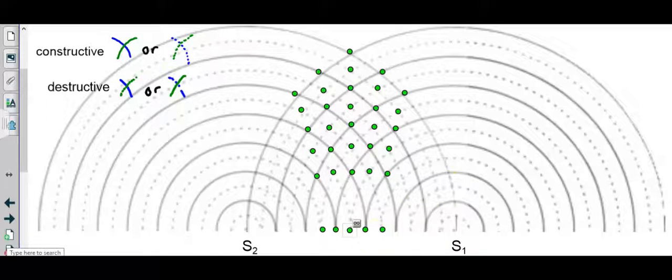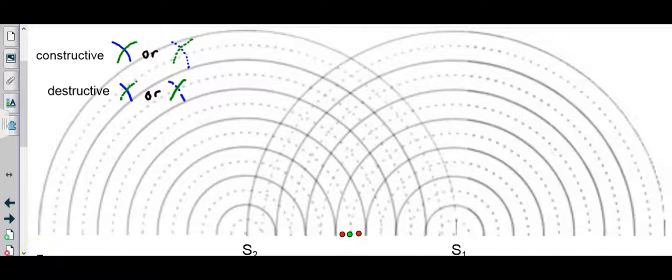Now I'm going to build the destructive interference patterns in red. I'm going to start building the destructive interference patterns wherever a crest meets a trough. And I'm going to start from the blank space between the two crests right off center. And I'm going to go forward and see that there is crest meets trough here. And there again.